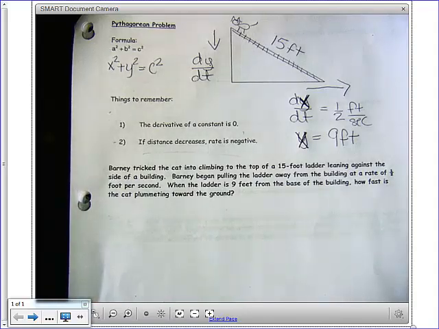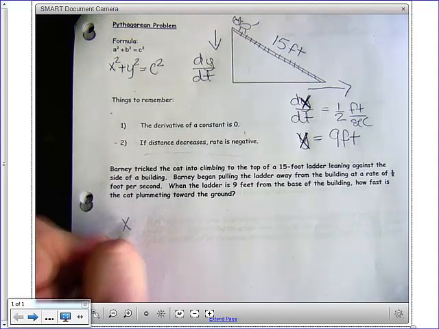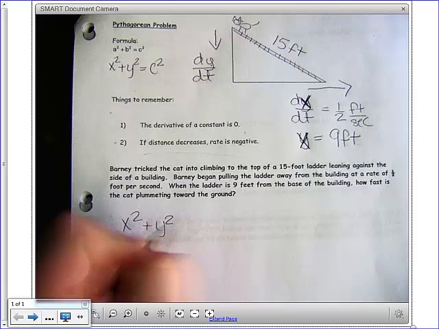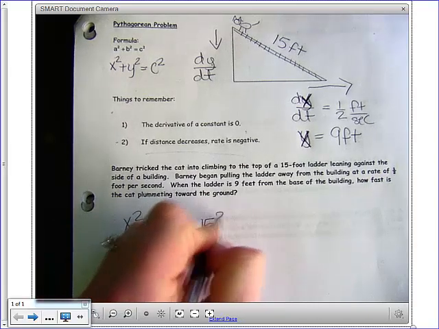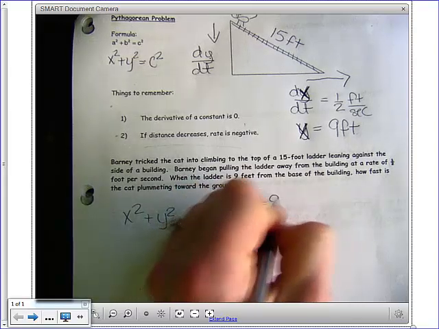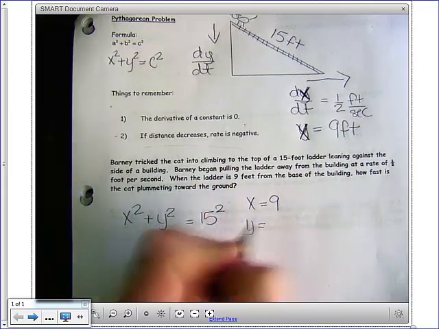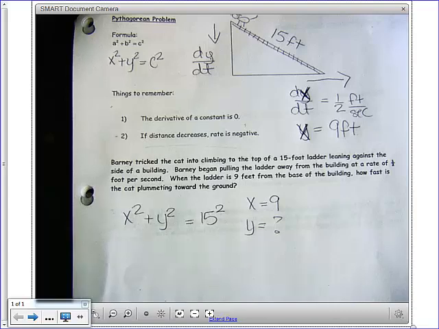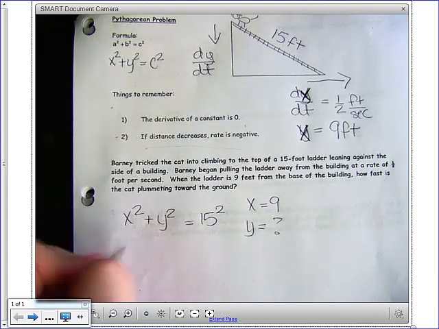Well, what's the first thing I'm going to need to do here? I know for my equation x squared plus y squared equals 15 squared, right? Well, I know x equals 9, but I've got to figure out y. So let's plug in and figure that out. That's the very first thing I need.